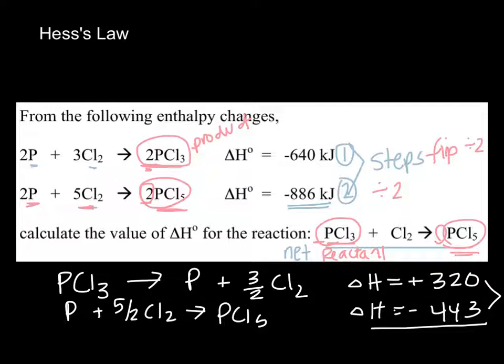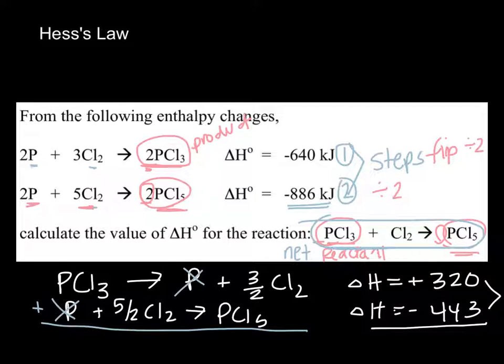And what we can do to check to see if we set these problems up right is that when we add up our 2 reactions, everything should cancel out except for what is in our net reaction. So we can see, because we have a phosphorus in the reactants and in the products, they cancel. We have 5/2 Cl2 in our reactants and 3/2 Cl2 in our products.